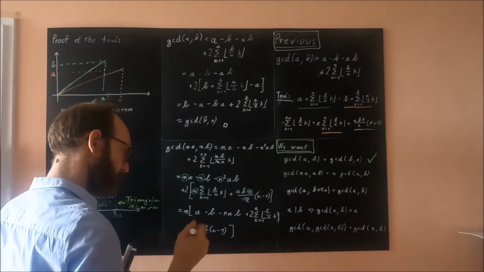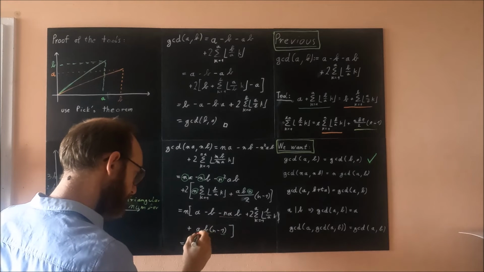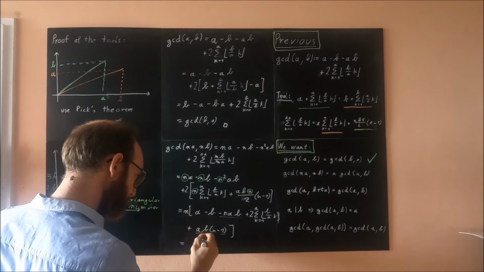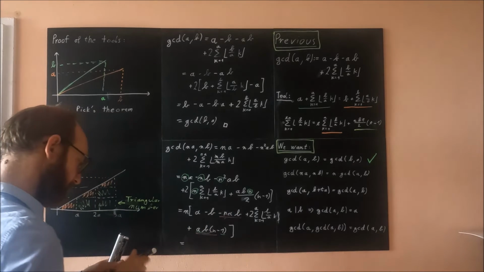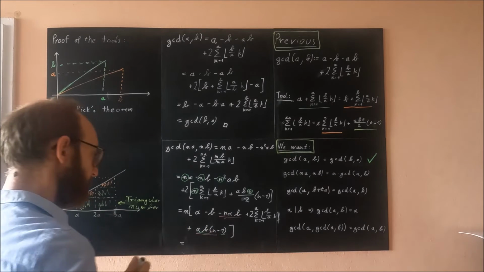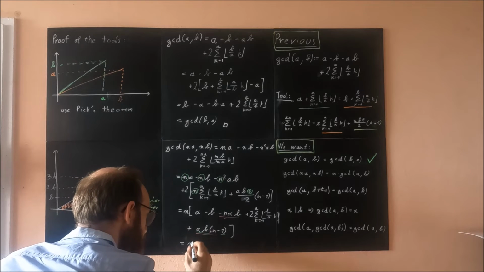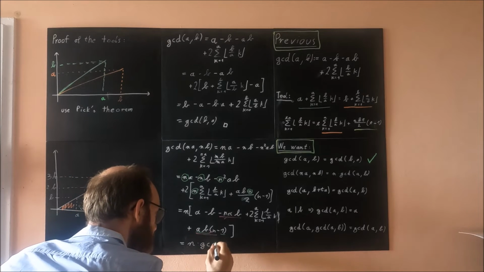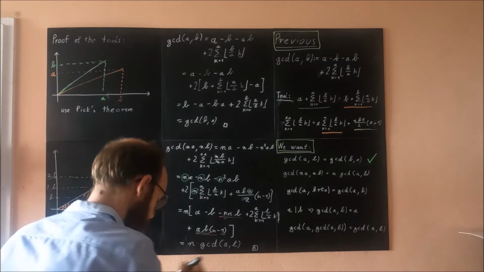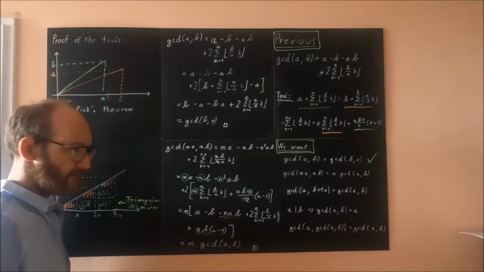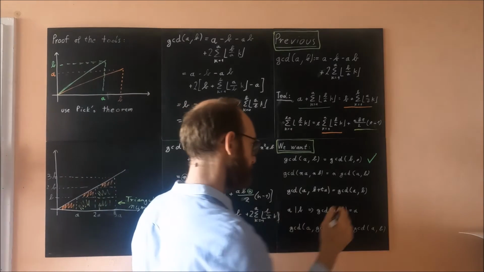And here we have minus nab plus nab. This part cancels out, and we are exactly left with the definition of the GCD, and this proves our second statement.